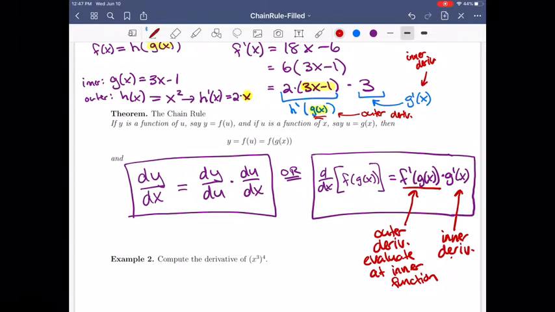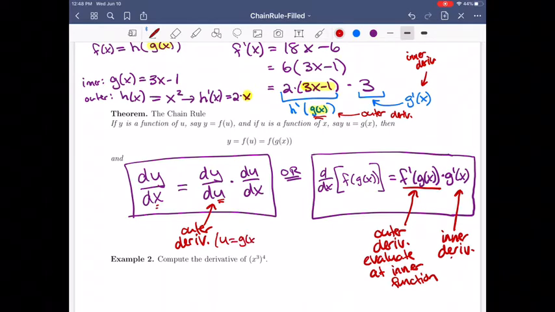Same idea here: this is the outer derivative. Notice it's with respect to u, but because we want our answer with respect to x, you're going to want to put u is g of x after. And then here, this is our inner derivative, the derivative of g of x, essentially.